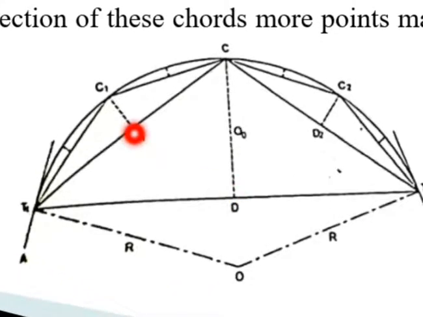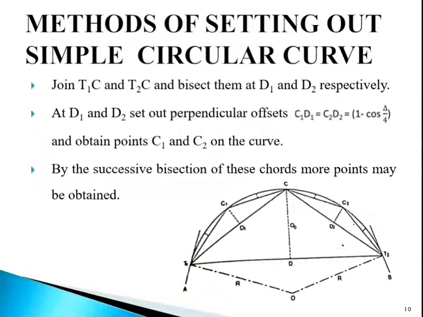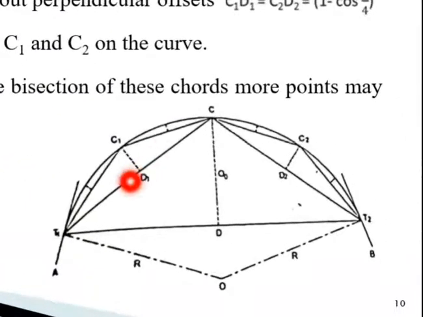C1D1 is equal to C2D2, which is equal to 1 minus cos delta by 4, and obtain points C1 and C2 on the curve.